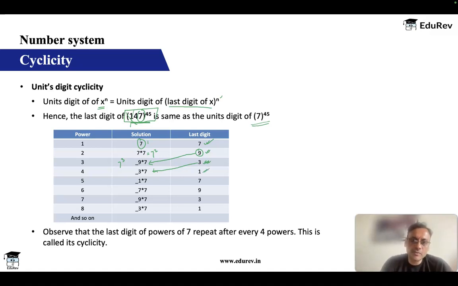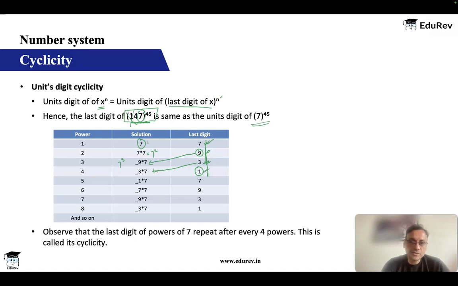So 7 to the power 1 is 7. 7 into 7 is 49, so 9. 9 into 7 is 63, so 3. 3 into 7 is 21, so 1. And the moment you get 1, always remember, now it will start repeating. Otherwise also it may start repeating, but 1 is a sure indicator that the pattern will start repeating now.